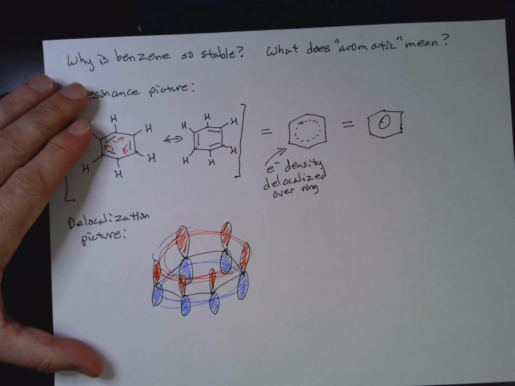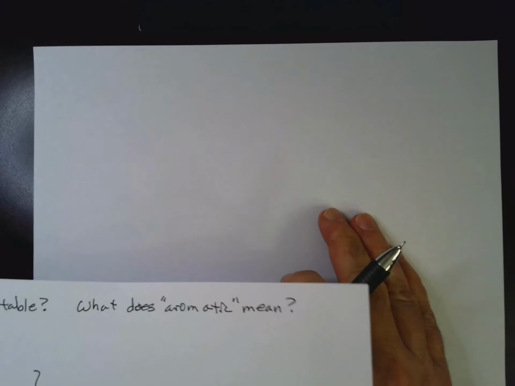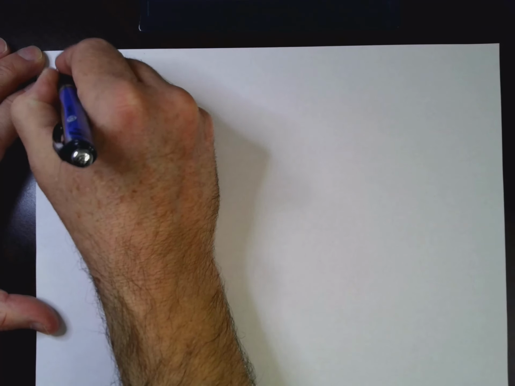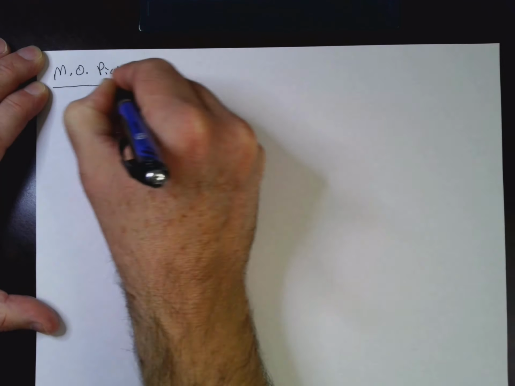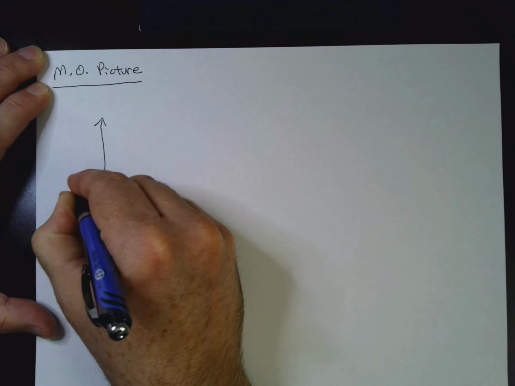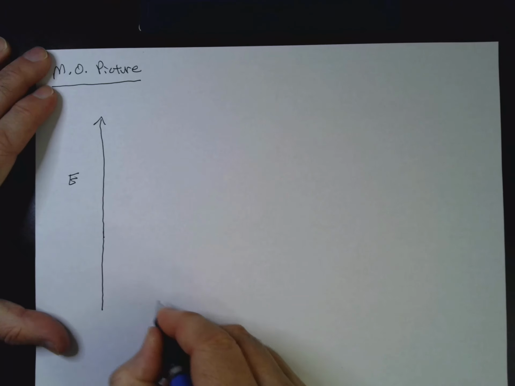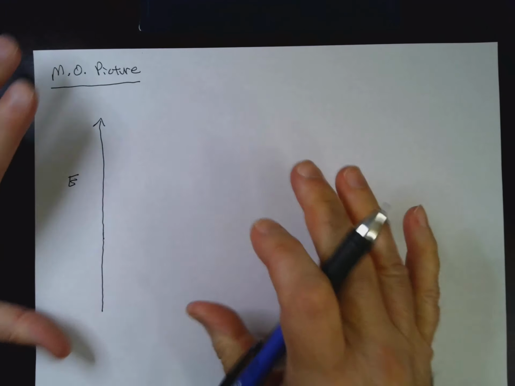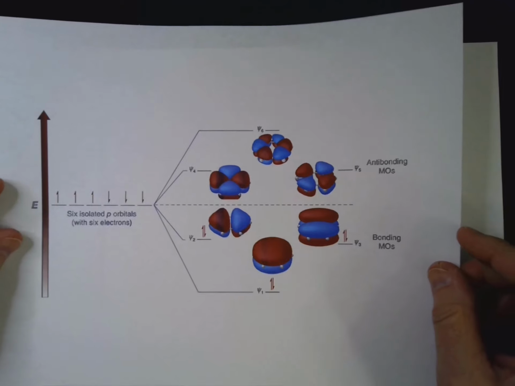Okay. Now, before I draw these, I do have some diagrams, and this is from the Klein text.